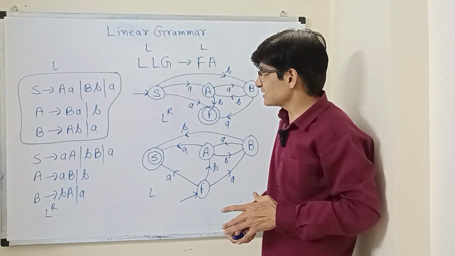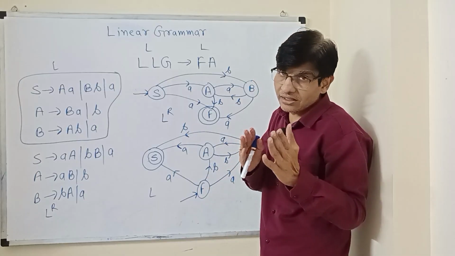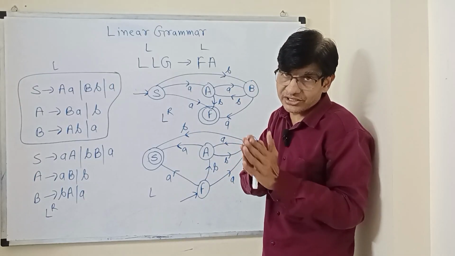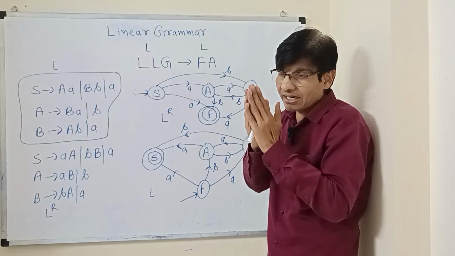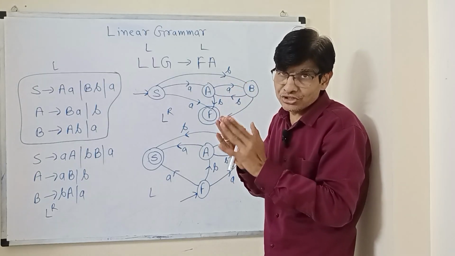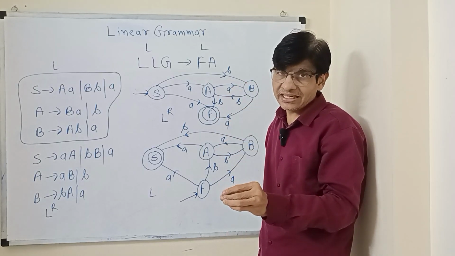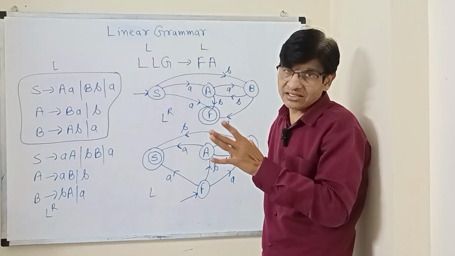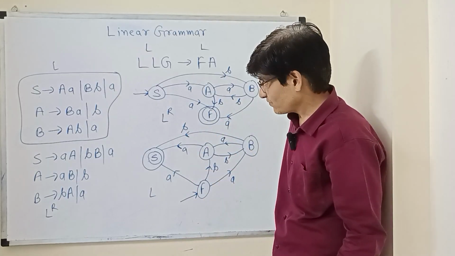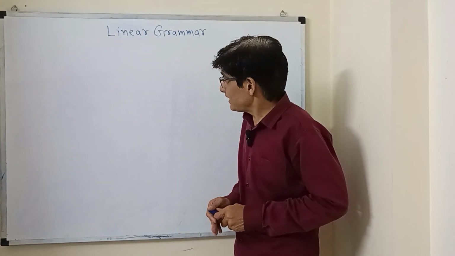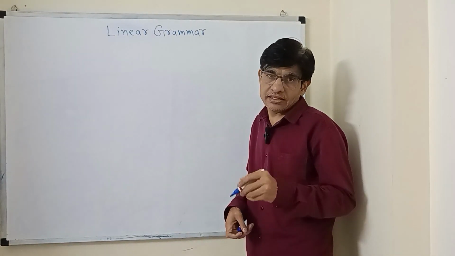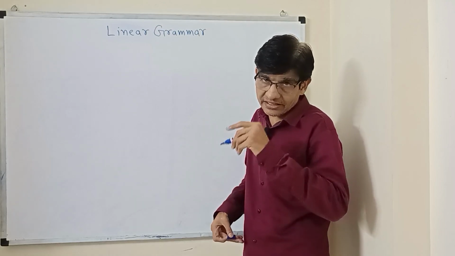Now I will discuss one more conversion, RLG to LLG and LLG to RLG, and the process is exactly the same. I will take one example, and the remaining examples you can do yourself. So now friends, we will see the conversion of LLG into RLG and RLG into LLG.